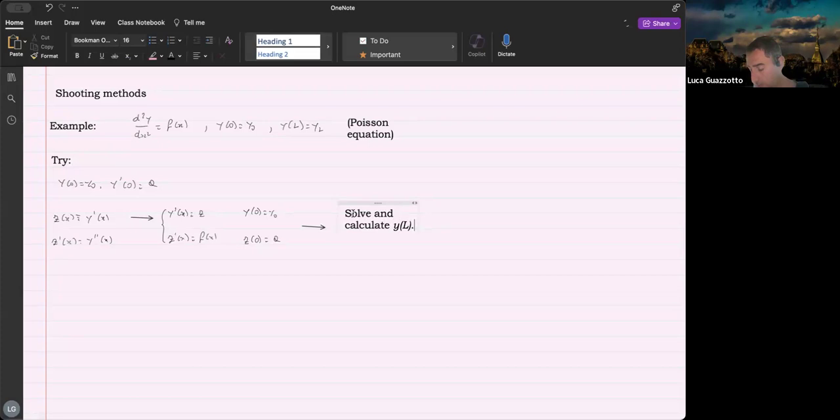But now I can see this as y of L is equal to some function of my initial guess A. So the value that I get on the far side of my boundary, where I wasn't directly able to apply the boundary condition, is going to depend on what I guessed for the boundary condition.